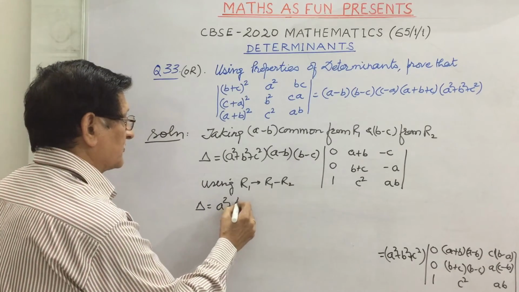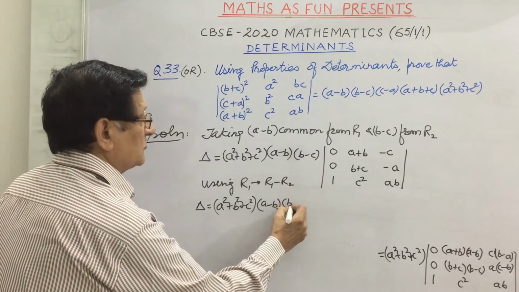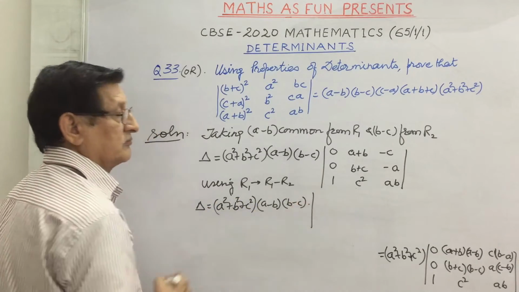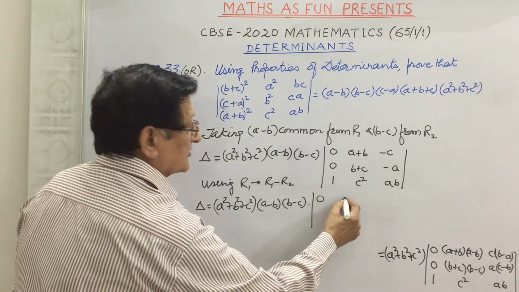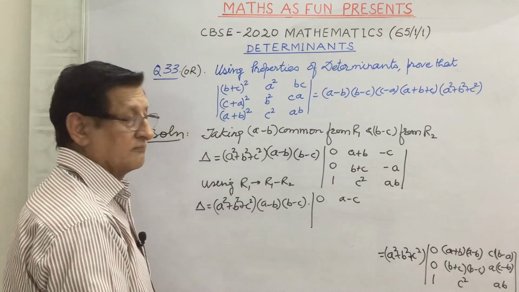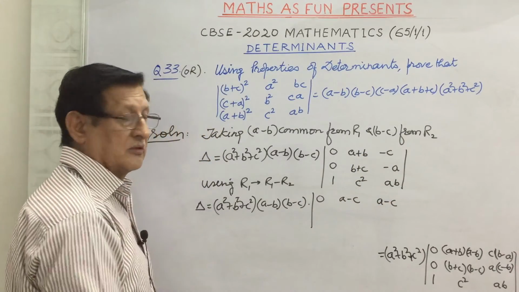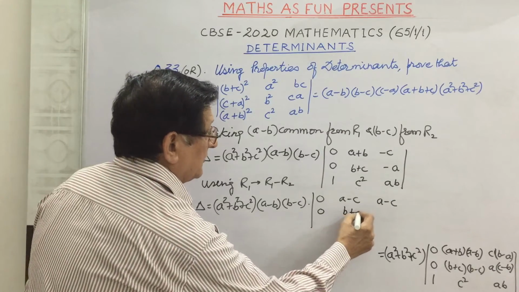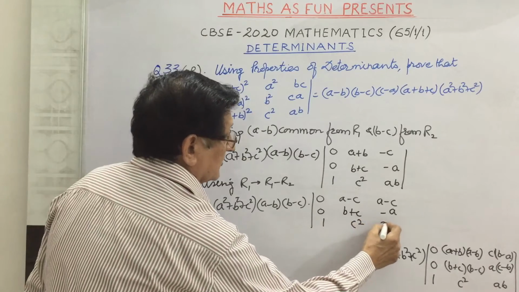A square plus B square plus C square into A minus B into B minus C into 0. Here if we subtract this, B will be cancelled. Will it be A minus C? And this will be also A minus C. This is 0, B plus C minus A, 1, C square, AB.